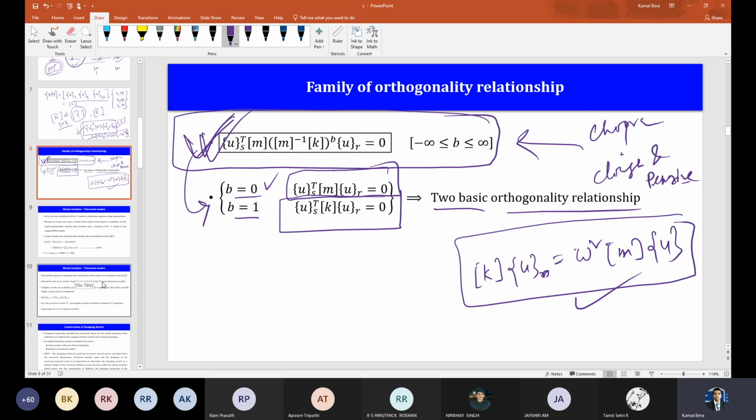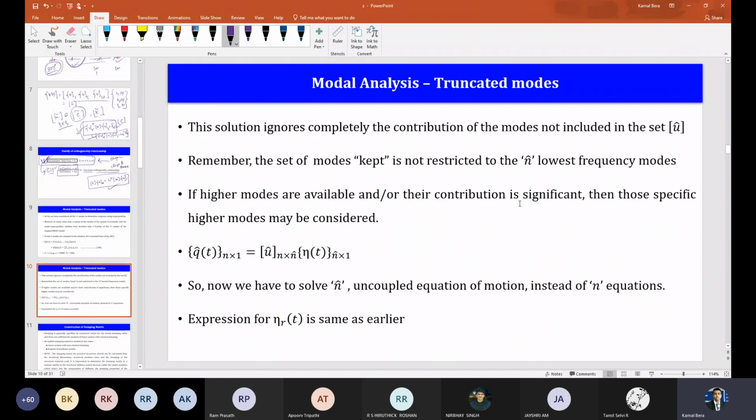Because if you have not understood that, there is no point in going ahead to the continuous system, and you have not learned anything from this dynamic systems course. Obviously, for that you need to know the single degree of freedom system also, because finally we are solving this single degree of freedom system and getting the responses. So if you have any doubt related to that, you can ask me anytime. Fine, so this I have discussed.